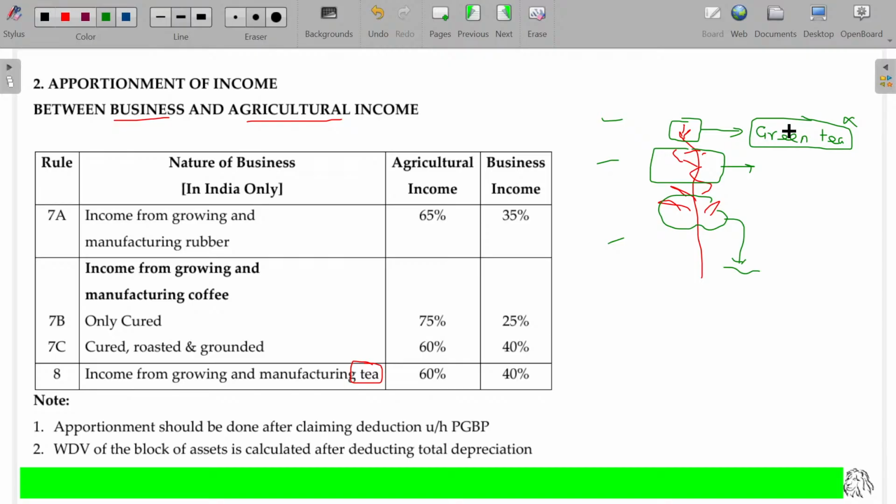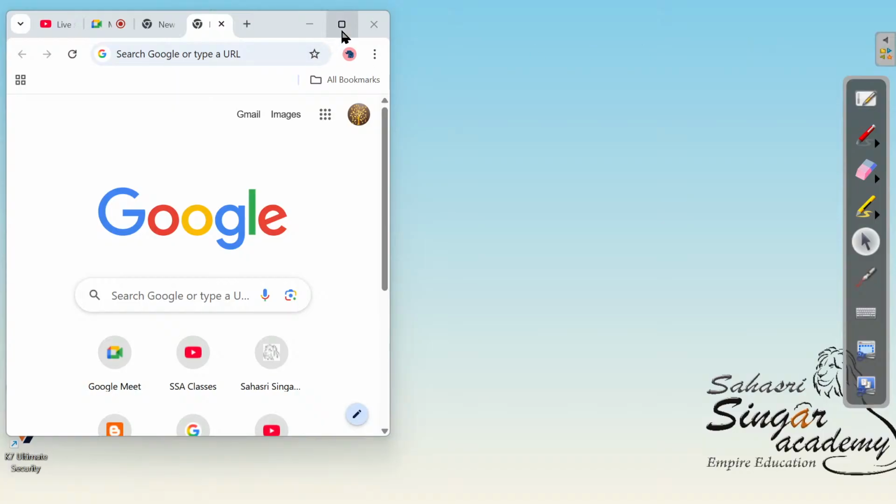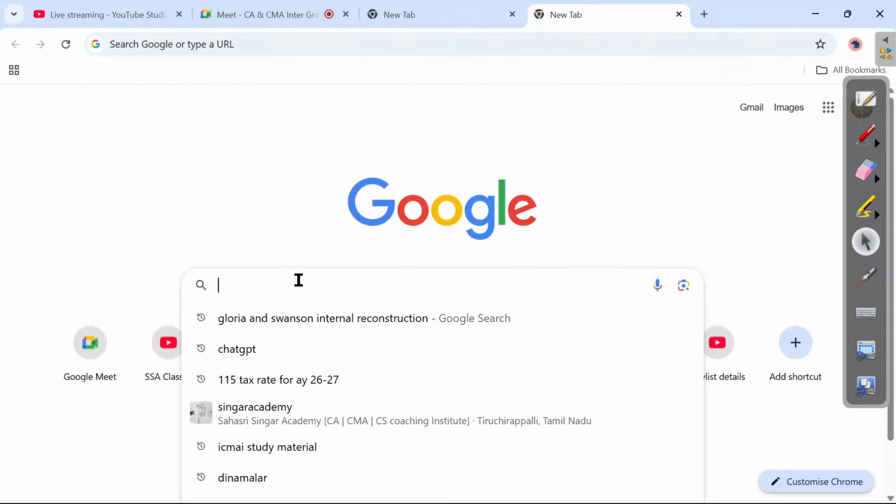Have you heard about white tea at least? Sometimes white tea and very pure green tea cost around 10,000 to 15,000 per kg. Clear?